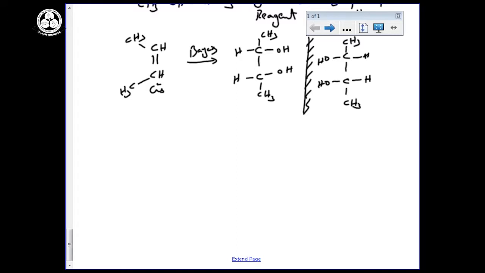So if you take the cis compound and you are using Bayer's reagent, doing the syn addition, you can get a racemic mixture, non-superimposable mirror images. This is called enantiomers.